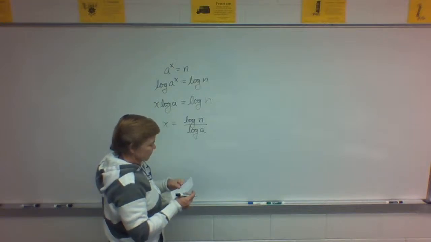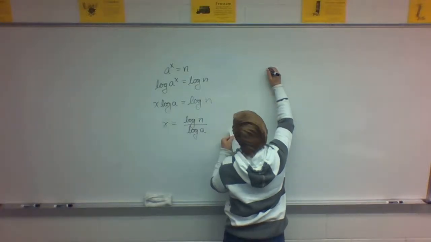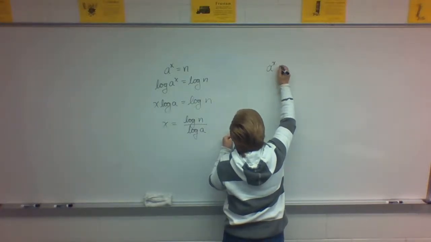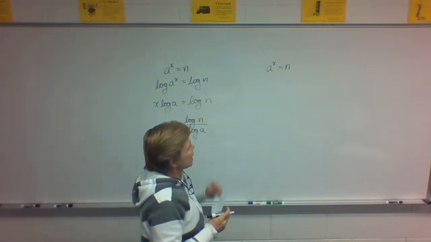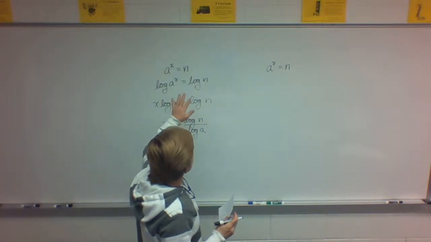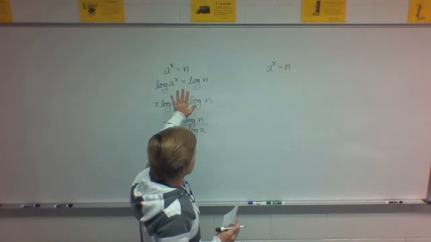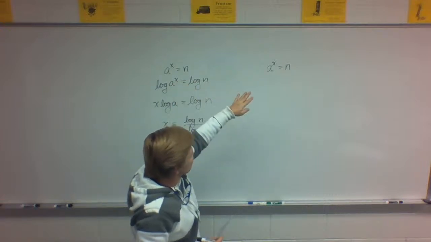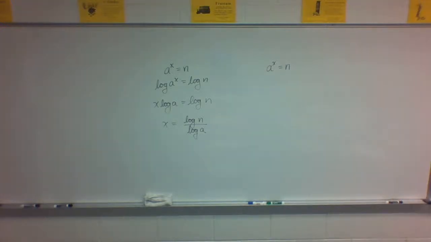Notice also this. Well, I think I am going to show you this. Take this very same expression again, a to the x equals n, and tell me, without logging both sides, that was an algebra move right there, and we're able to get at the x and solve for it. So forget this right here. Instead, very same expression, tackle that by changing that exponent to a logarithm, like you learned at the very first.